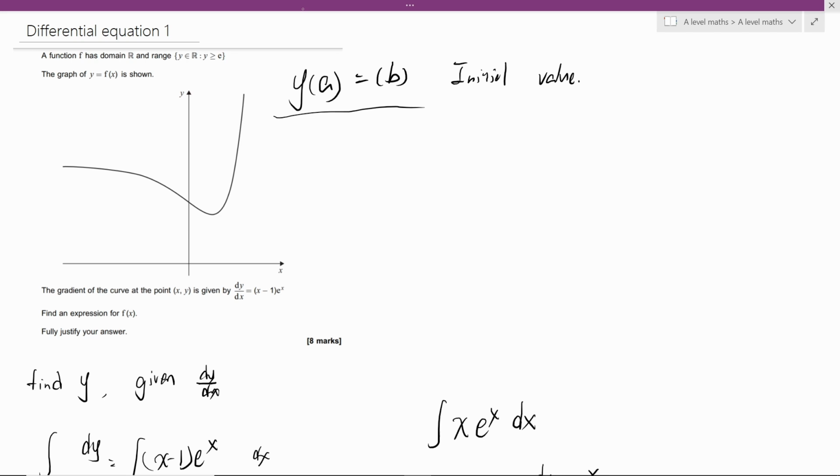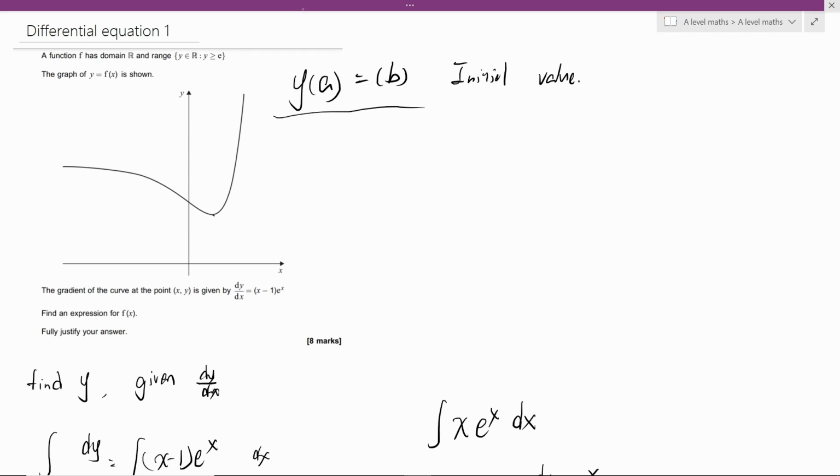You can see from the graph that it must have a turning point at this point, and we know that it's a minimum. If we are able to calculate the coordinates of this minimum turning point, then we have an initial value, and hence we can solve the equation for an explicit and unique solution.